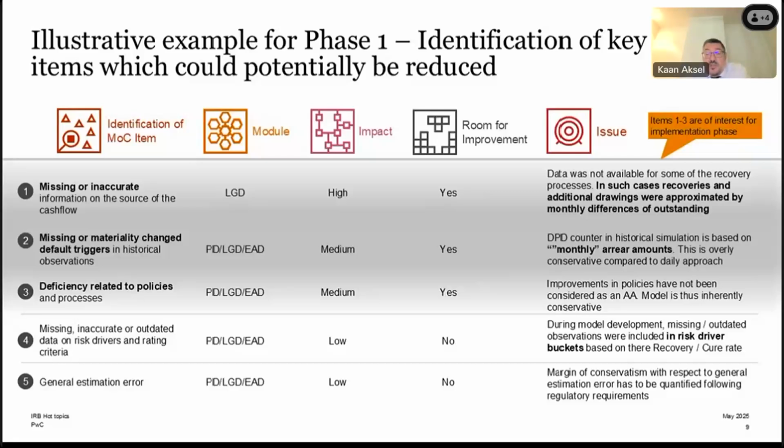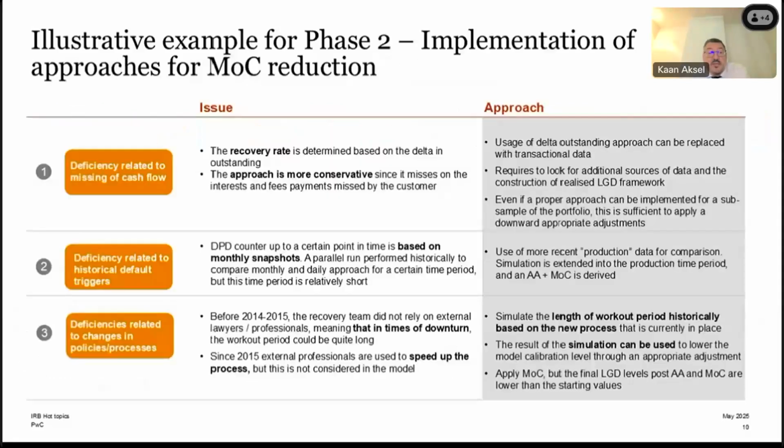What happens next? Very simple. At the next stage, you try to implement, for example, if our case study goes related to MOC reduction, you will indeed be looking at deficiencies related to missing items, which had been missing in the past, but could be recovered right now. So based on the delta, outstanding might be less.